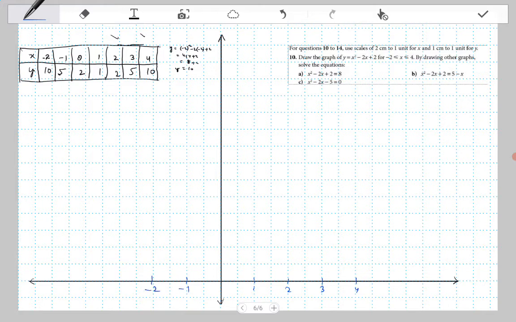On the y-axis, because no negative range was required, I placed my x-axis as low as possible. This is my x-axis, this is my y-axis. You should label the axes as well, and then the y-axis can be labeled as 1, 2, 3, 4, 5, 6, 7, 8, 9 and 10.